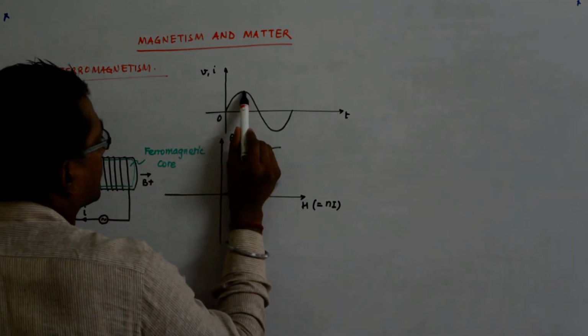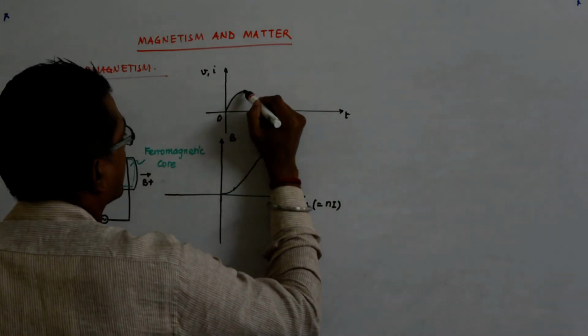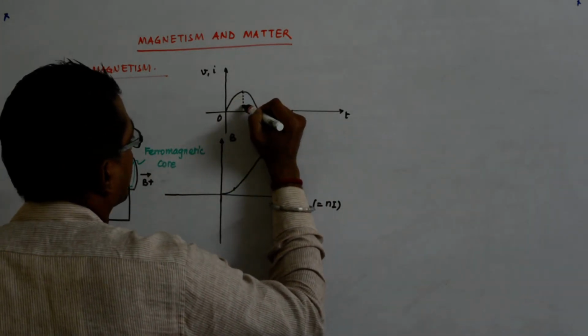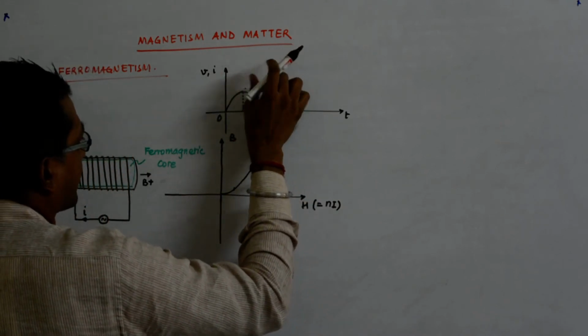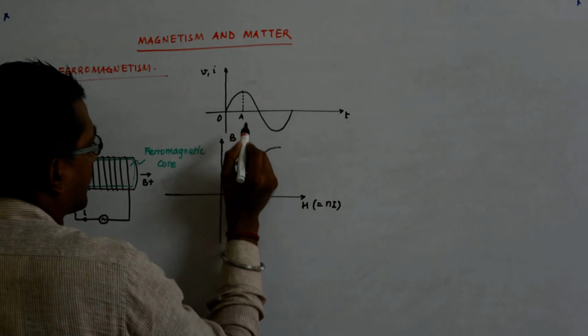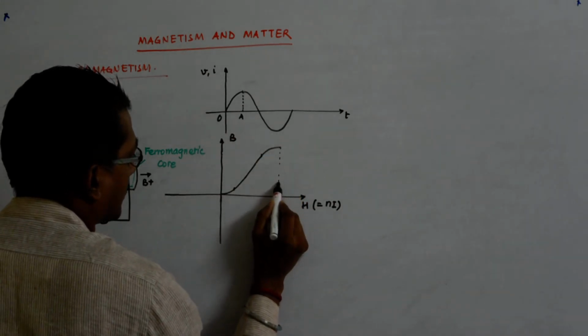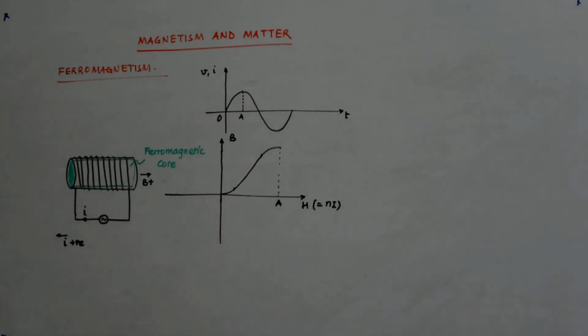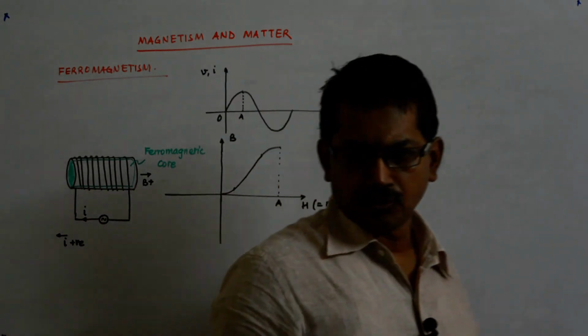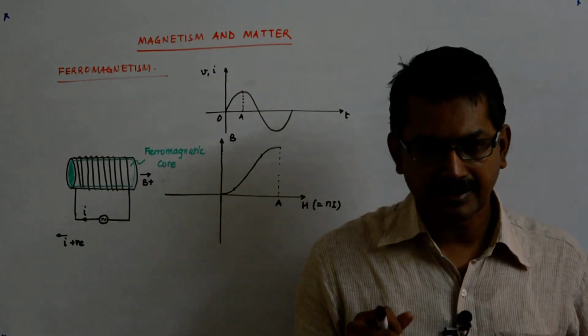So this happens. I am at point A. The peak has been reached. Now what happens? It starts decreasing, right?